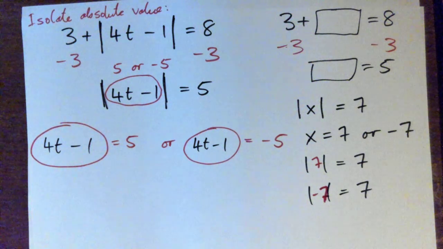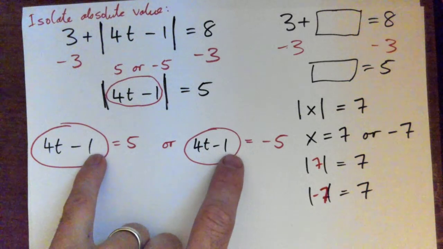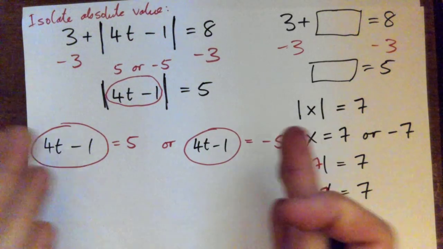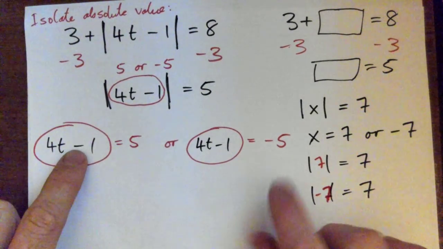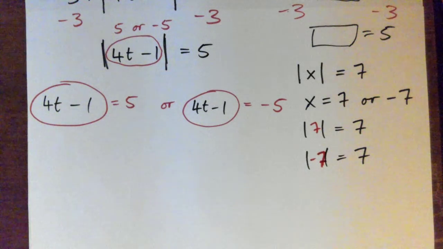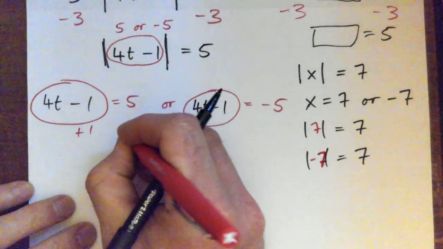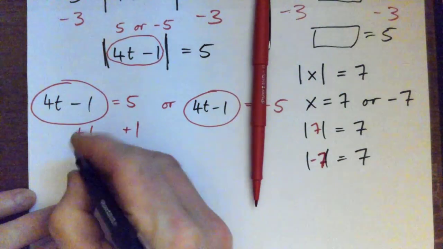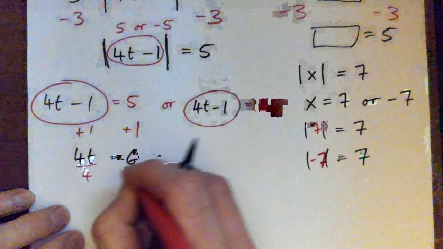That make sense? So press pause and everybody solve both of those equations. Now we have 2 equations, because remember there's 2 solutions. So press pause on the video if you're watching from home and solve both of these equations and see what you get. I'll do it real quick. Just add 1 and we get 4t equals 6. Divide by 4 and we get t equals 6 over 4.